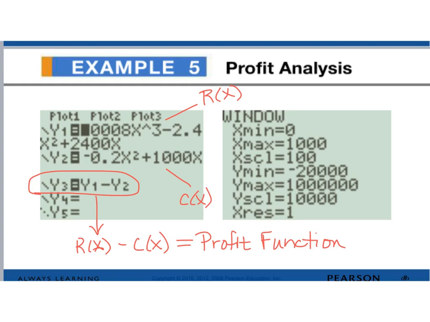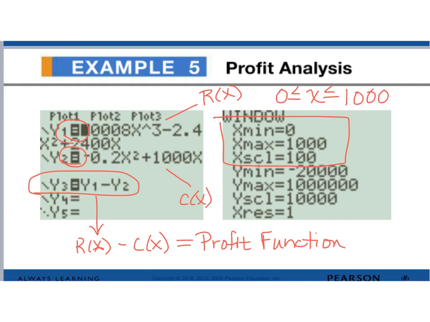And what we want to actually graph eventually is just your profit function. So you can turn this one and this one off, and then because they gave us a domain that x only goes from 0 to 1000, we can use that to set up our window.